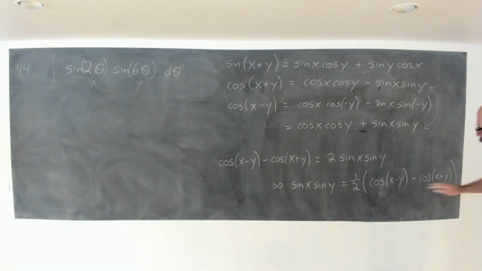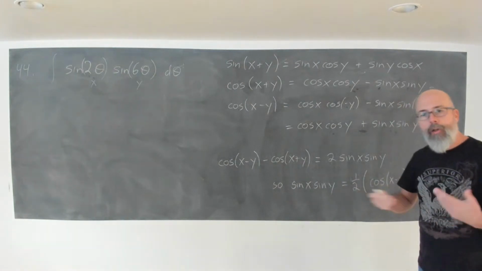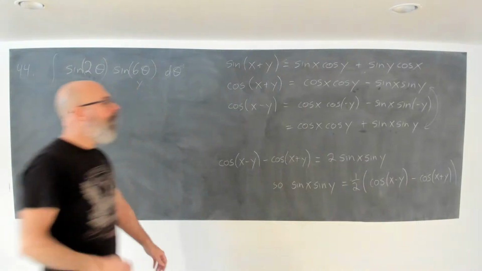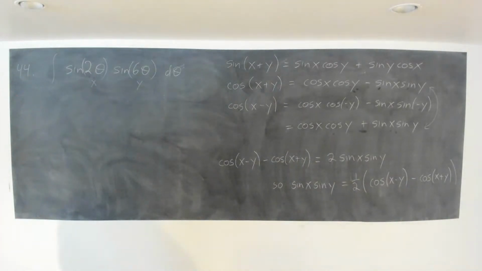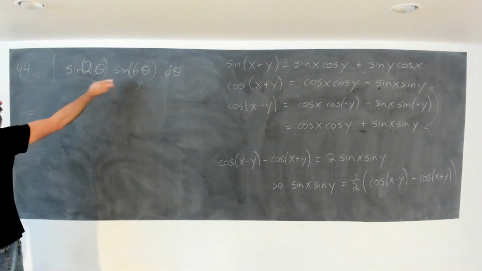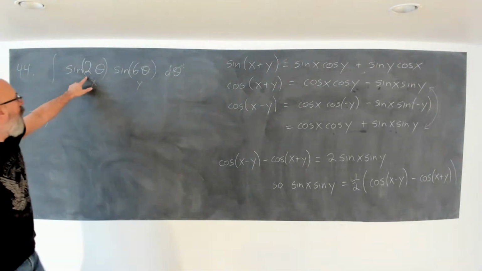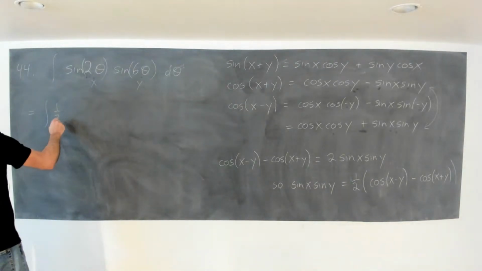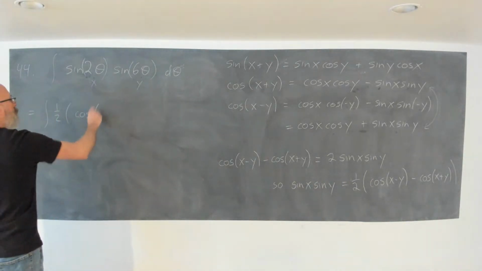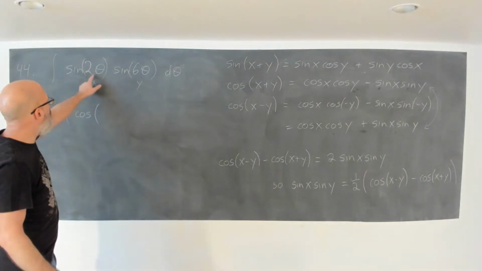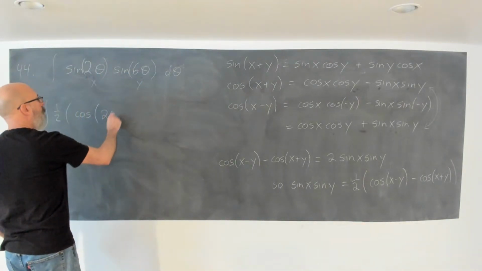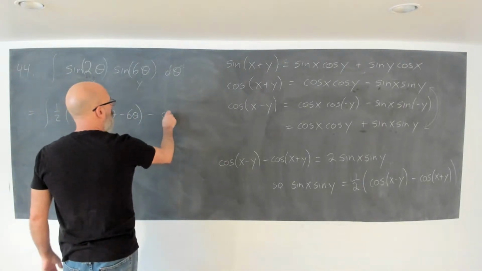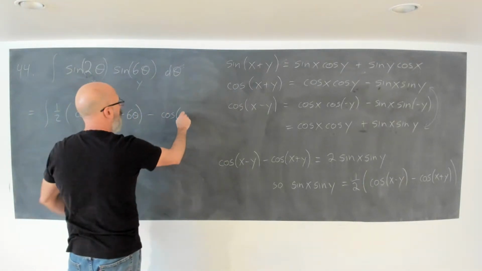A lot of books will give you this as another identity, but you can work it out using the sum identities as we've done here. So what does this mean for us? Sine of x, sine of y is 1/2 cosine of x minus y minus cosine of x plus y.